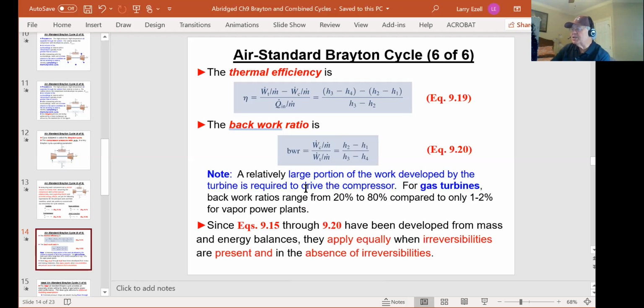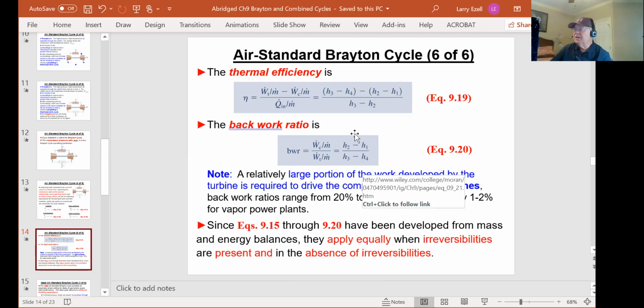Now, these are the actual performances. These equations above have been developed from mass and energy balances. They apply equally when irreversibilities are present and in the absence of irreversibilities.